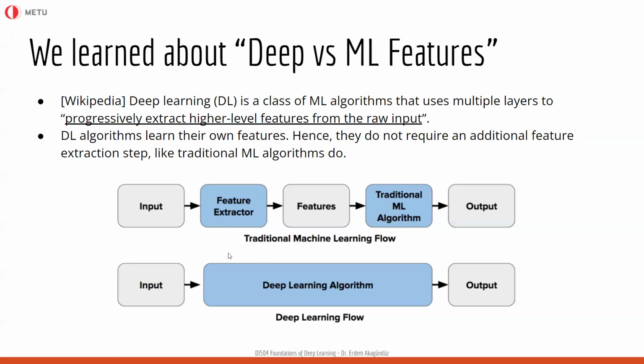That's why with deep learning, the traditional machine learning flow changed. It was feature engineering, having the features, picking a machine learning model according to those features. So the selection of machine learning algorithm was handcrafted as well, and you've got the output.